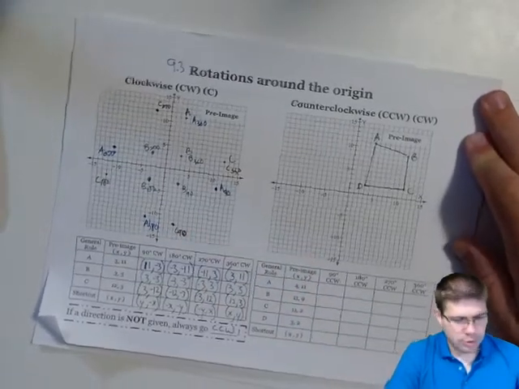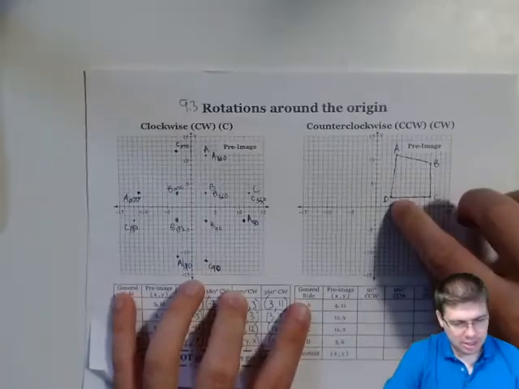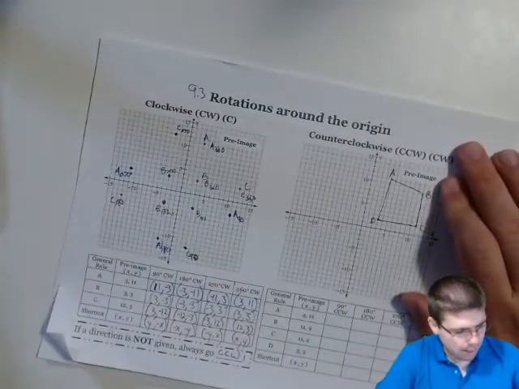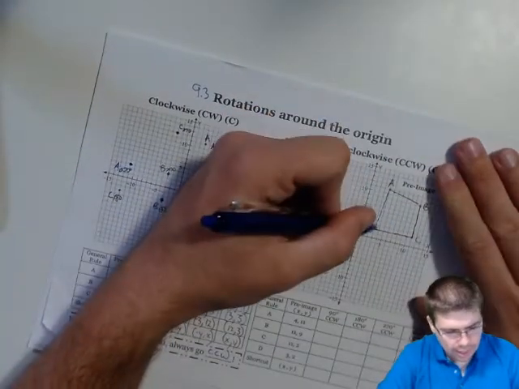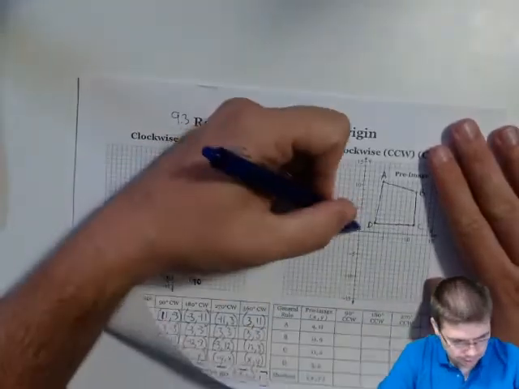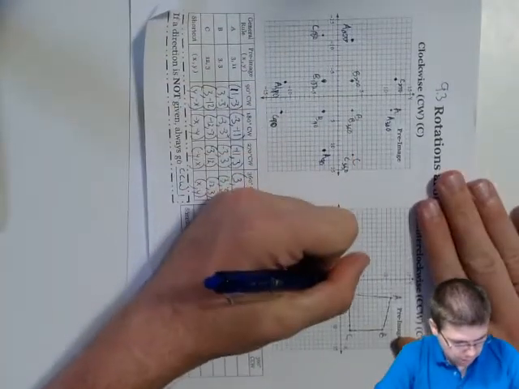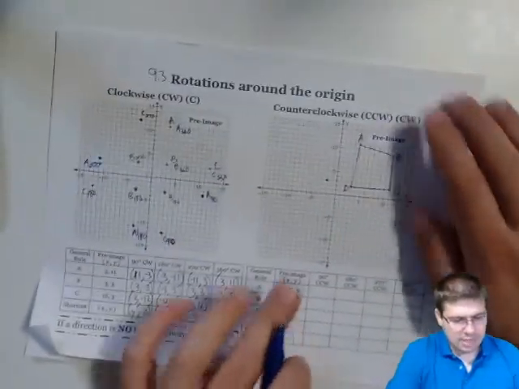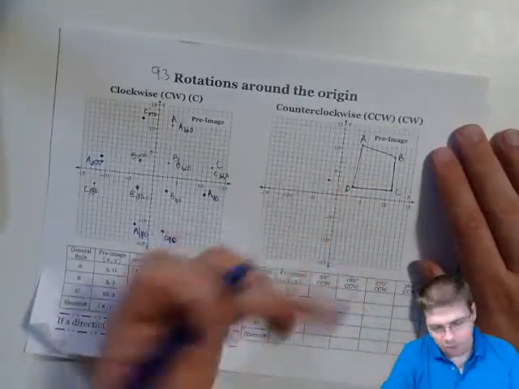As we rotate, I can think about this picture, what I see here, and then try and redraw it up here in this quadrant looking in this direction. So we can go point by point. D is 3 right, 2 up. So from here, 3 right, 2 up after I rotate. And we can think about what's changed with our points.